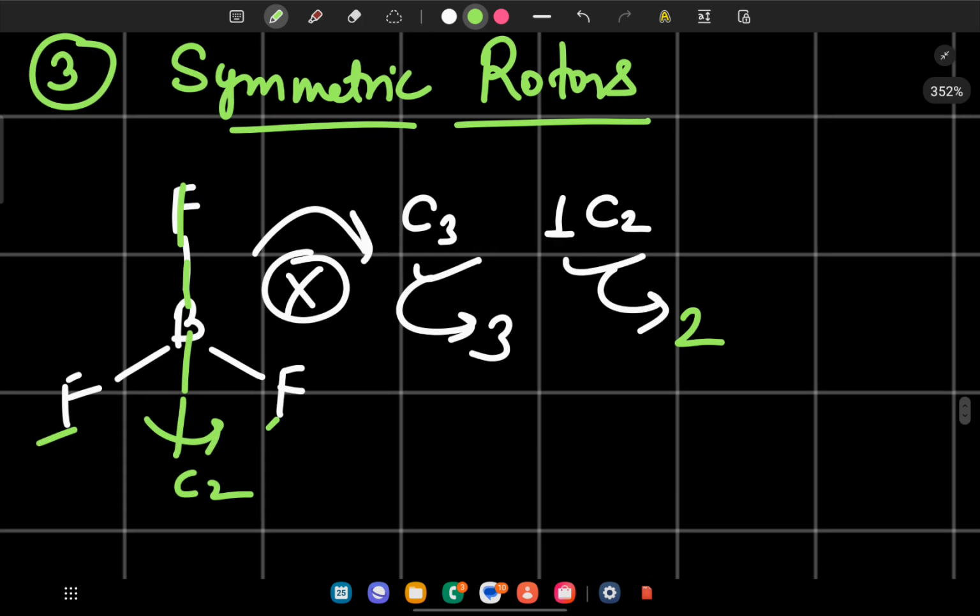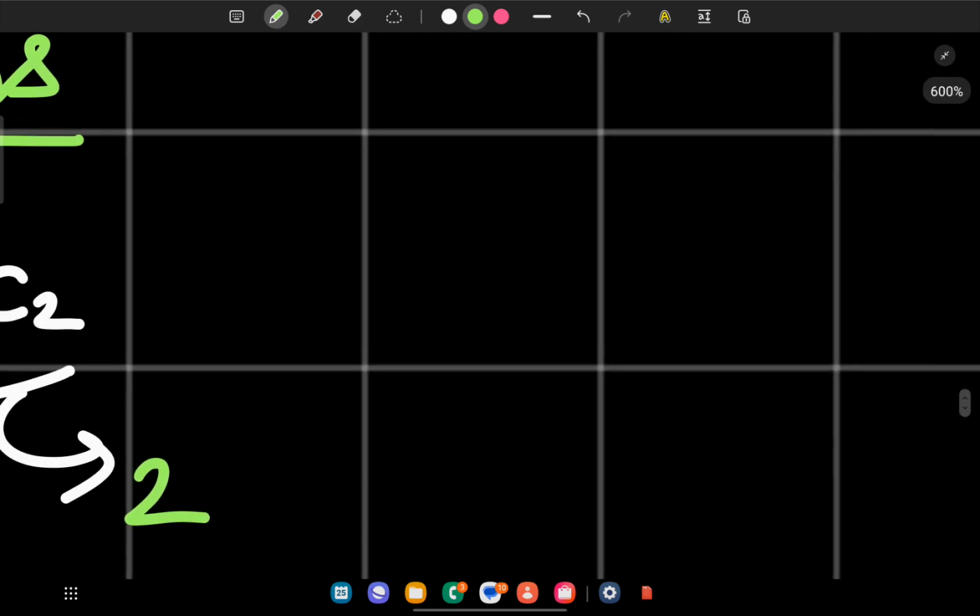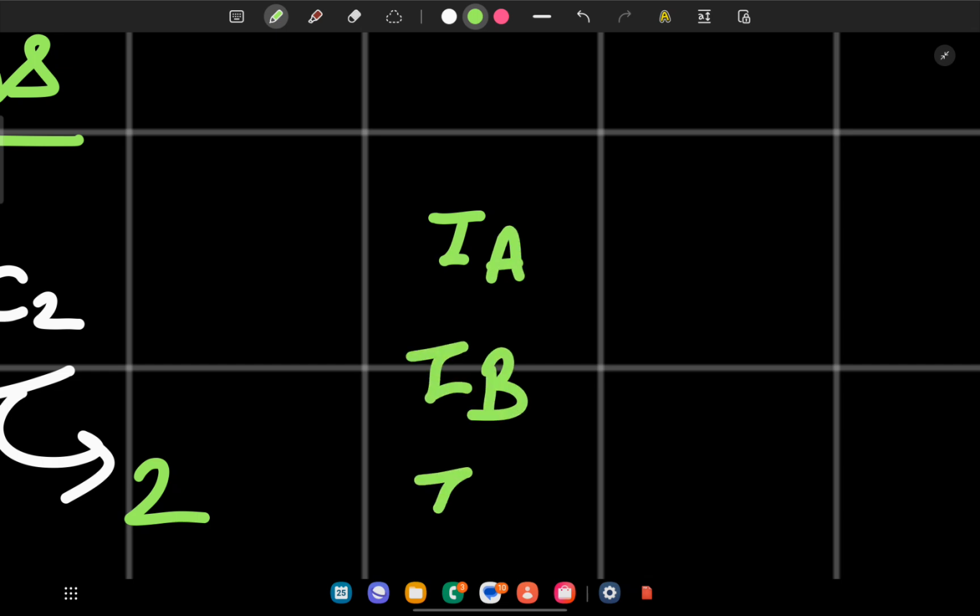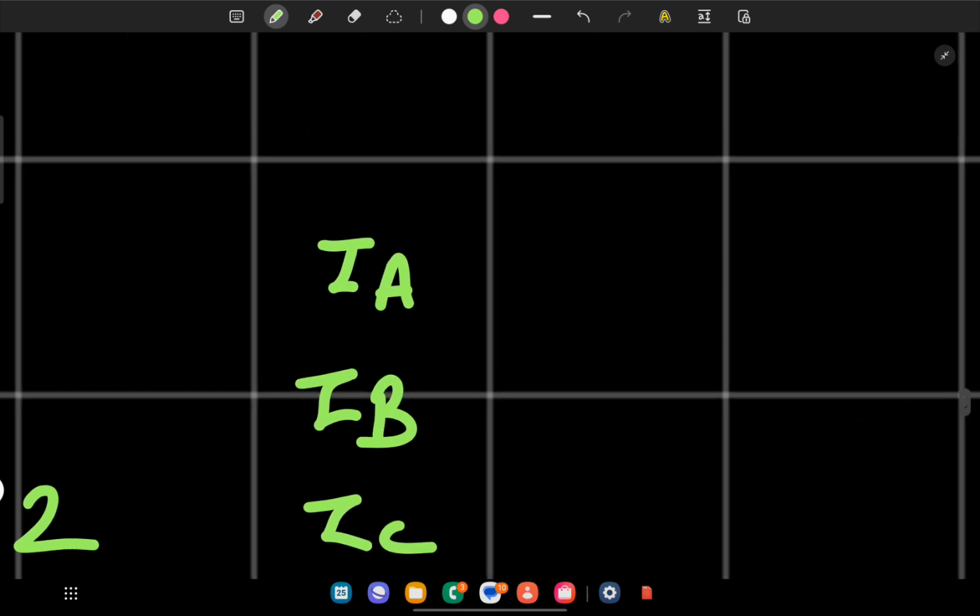See what exactly happens? There are always 3 axes: IA, IB, and IC. IA is the moment of inertia which is minimum.